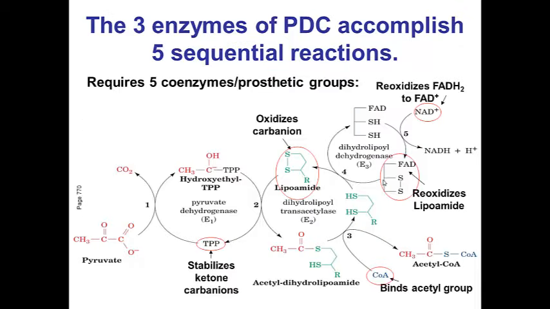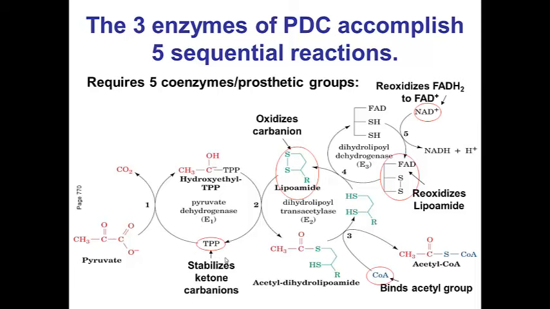So just to recall, these 3 enzymes actually accomplish 5 different reactions in sequence, which requires 5 different coenzymes or prosthetic groups. So first, in E1, TPP, which we've already learned, can stabilize these very unstable ketone carbanions.